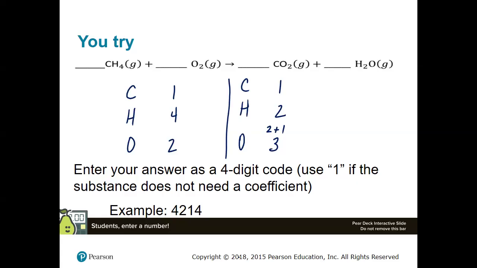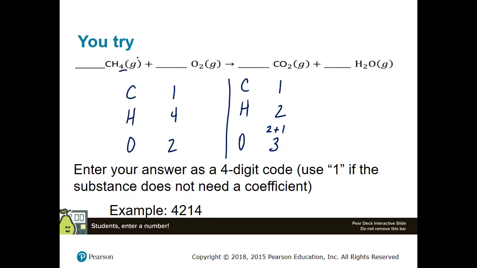Now, here's something to point out and be generally aware of when it comes to combustion reactions. Combustion reactions almost always have this multi-subscript thing that we can work off of. It doesn't look like that for methane until you realize that I have 1 carbon here and 1 carbon here, so it's already balanced. I didn't have to do anything there.